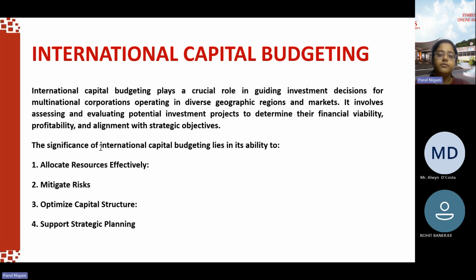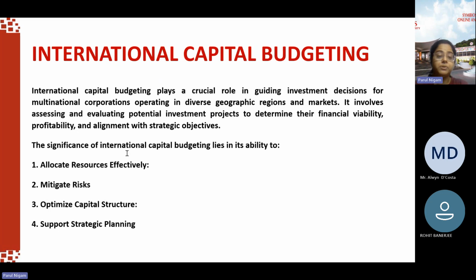How? Because before making your investment decisions, you see the political stability, the tax policies, and regulatory factors. All of these things are analyzed carefully so as to reduce the political and economic risk.